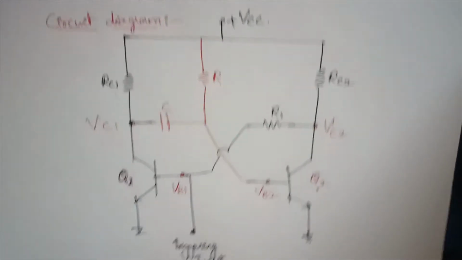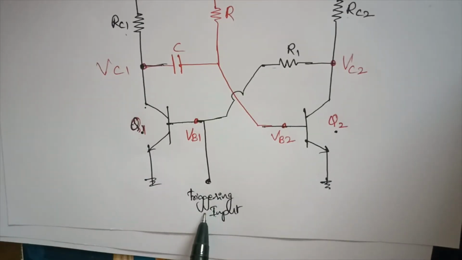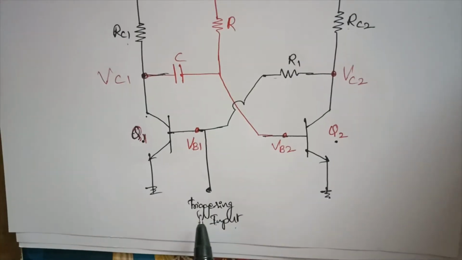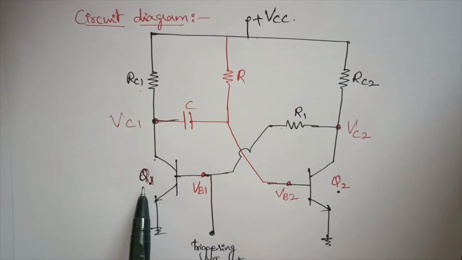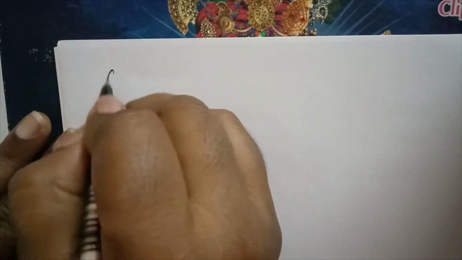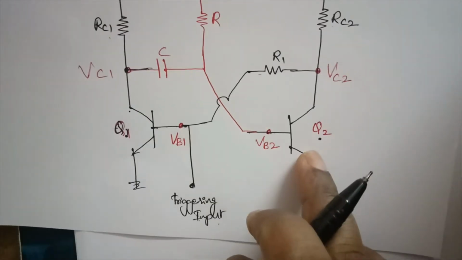Here Q1 is on only by applying the triggering input. Let us assume that initially I am applying the triggering input along with the supply VCC, then Q1 is on. When Q1 is on, obviously what happens to Q2?